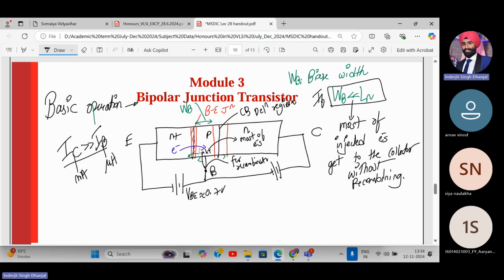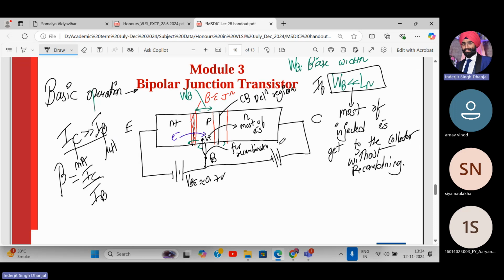Very few recombine in the base, which constitutes the base current. That is why the device has a substantial current gain, which is beta, IC upon IB. If this is smaller, then the gain will become even larger. Are you understanding?